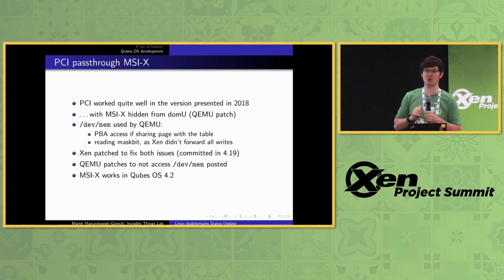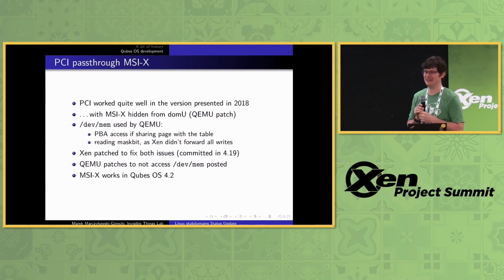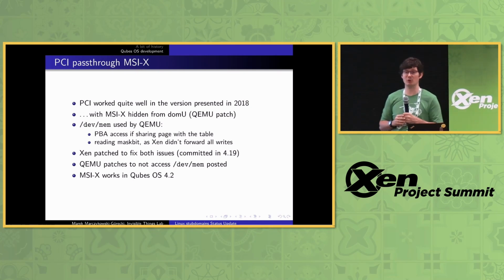But the problem was with MSI-X, because QEMU would like to use devmem for some operations with MSI-X, and devmem in the stubdomain is not really the host memory as it would be in dom0. So it didn't work. Our initial implementation simply disabled MSI-X.